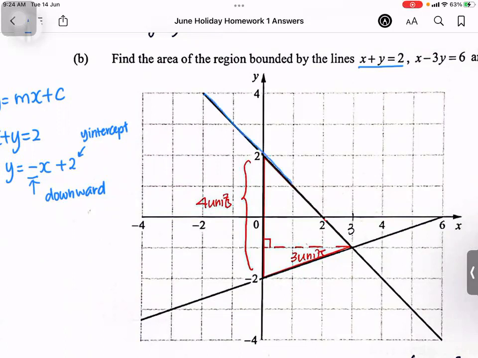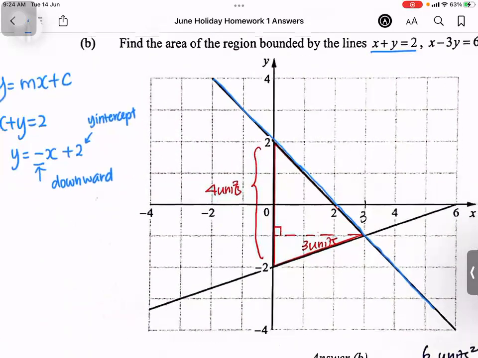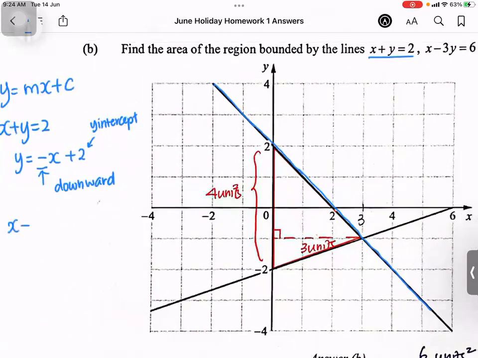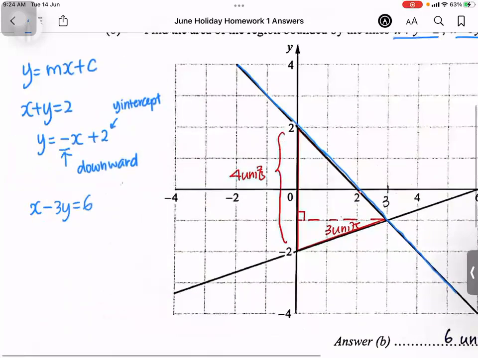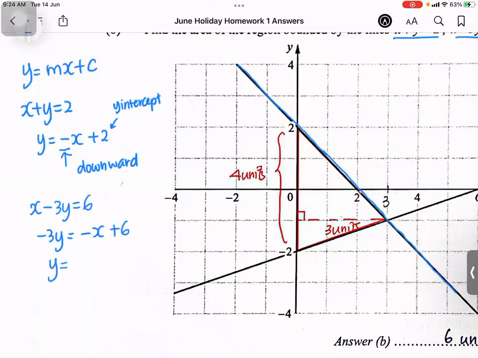When you interpret questions or you see a diagram, do not just blindly do, you must also have some sense to be able to identify which line is which line. Next one, x minus 3y equals 6. Again, make y the subject. Negative 3y equals negative x plus 6. But I don't want negative 3y, so I need to divide away negative 3.